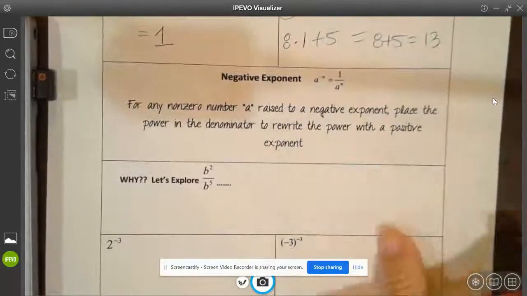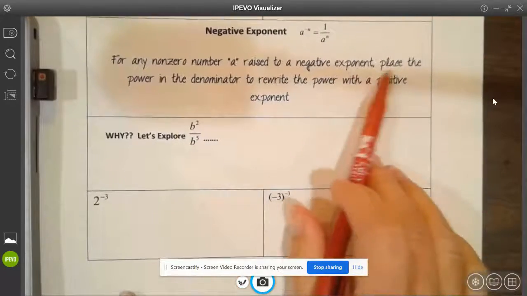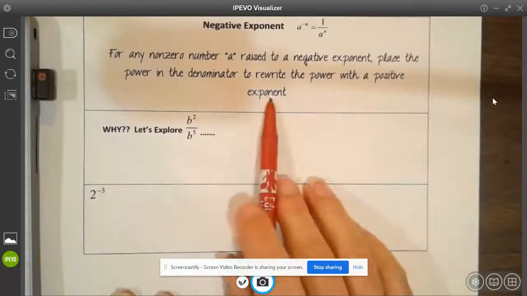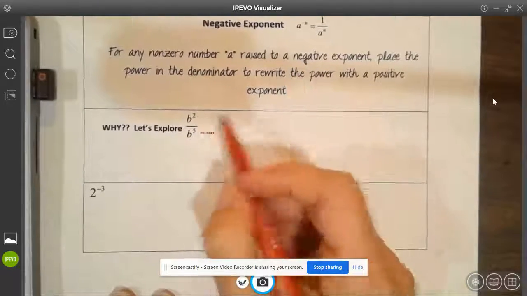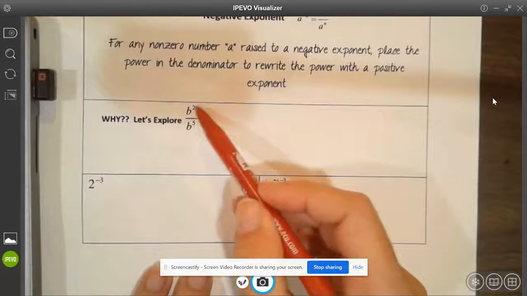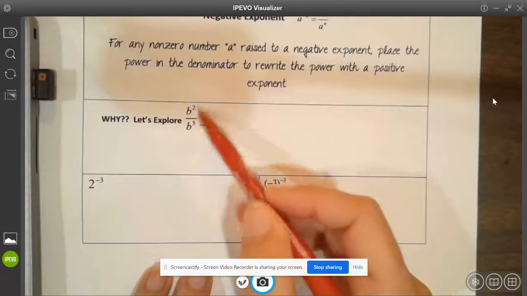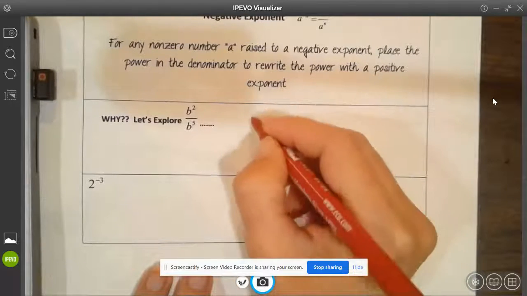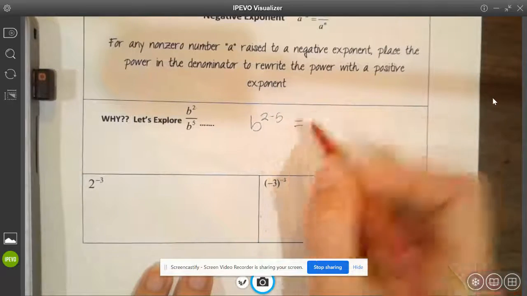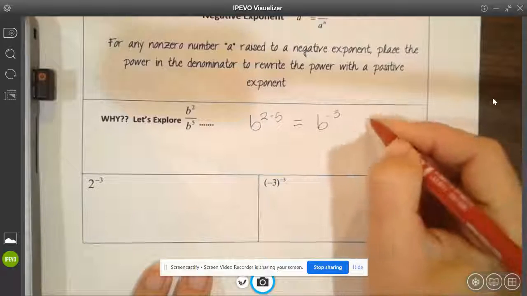Simplification. All right, negative exponents. For any non-zero number a raised to a negative exponent, place the power in the denominator to rewrite the power with a positive exponent. So let's explore why. Well, we have a quotient here. It says when we are dividing, we are subtracting the exponents. So that would be b to the 2 minus 5, that is b to the negative 3.